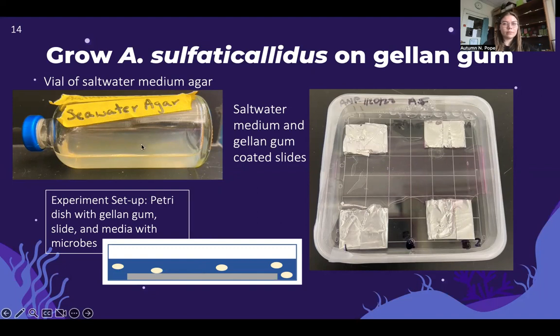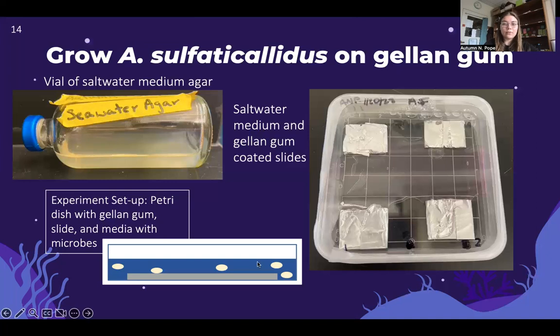Over the summer at Bigelow, we tried making these gellan gum gels in a vial, but it just didn't work well. It wouldn't solidify because these microbes have to be at high temperatures. It just wasn't solidifying well.